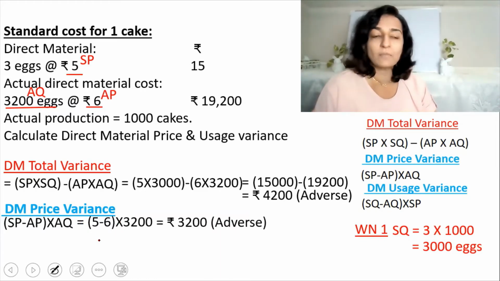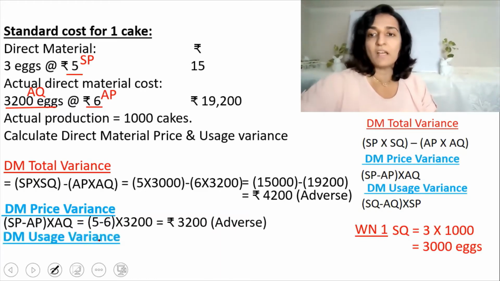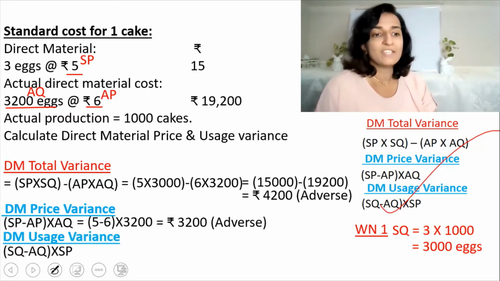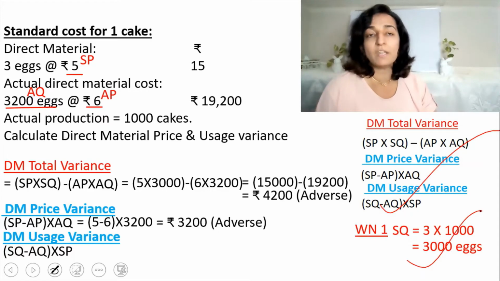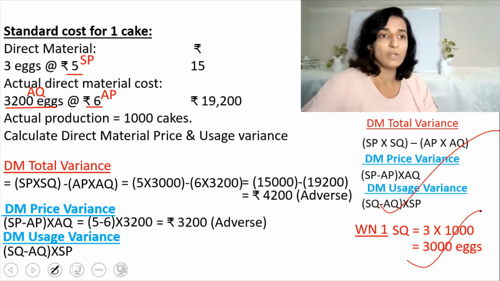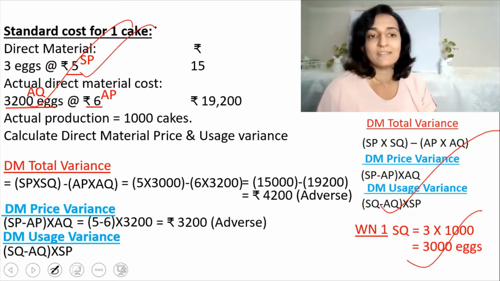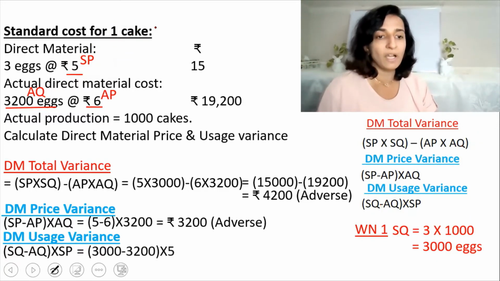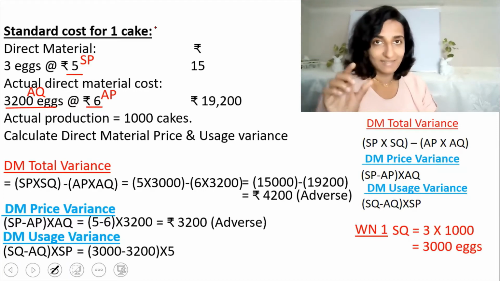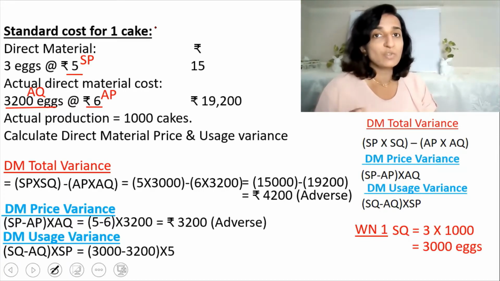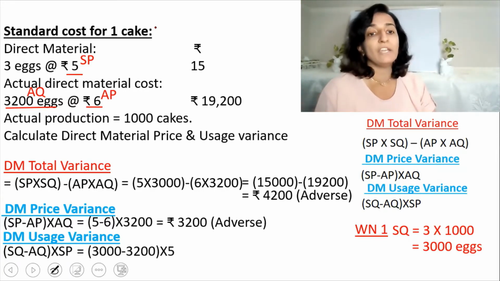Now coming to the direct material usage variance. So what is the formula? From the right side, I'm copying SQ minus AQ into SP. So what is SQ? It is from working note 1, 3,000. AQ, that's from the question, 3,200, and SP again from the question, it is 5. Substituting in the formula, we get 3,000, that's the standard quantity, minus actual quantity 3,200 into 5.